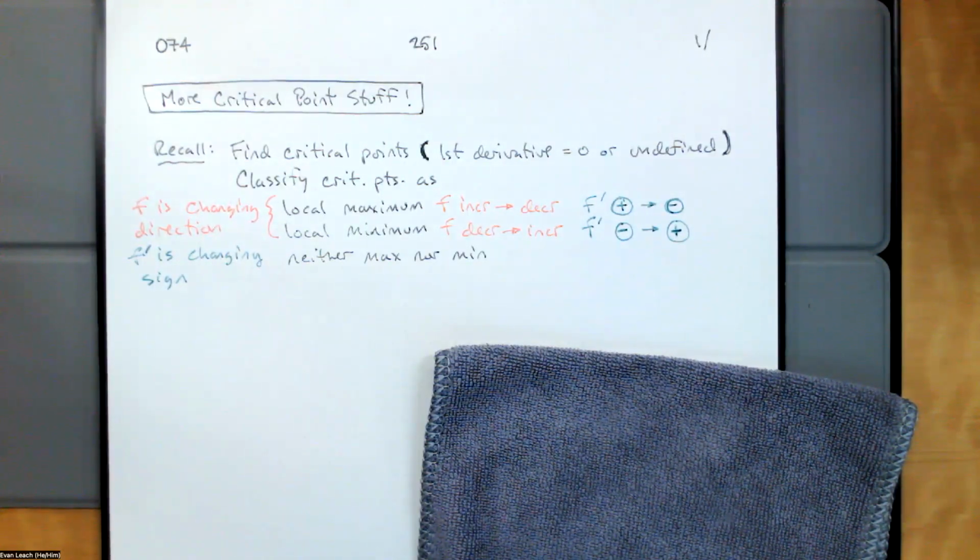If we're going to declare that a critical point is neither a maximum nor a minimum, that means f is not changing direction. And that means the first derivative is not changing sign.